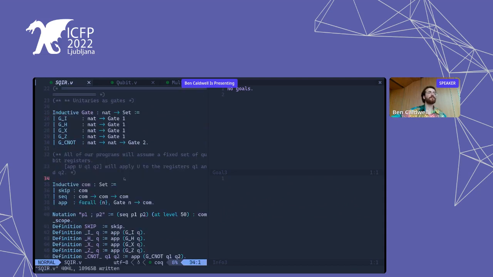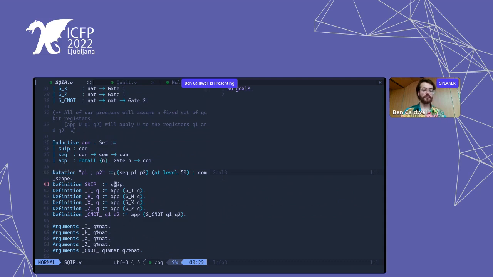In every program, when we evaluate a program, we provide how many qubits it has in the register. And then we can use our inductive commands to actually build the structure around these gate programs, right? So we have the ability to just skip a command. We can sequence commands together, and then we can take a certain gate and apply it to some wire.